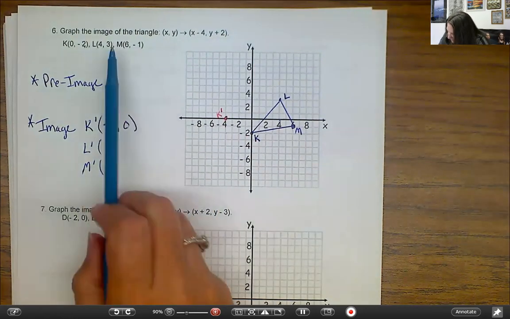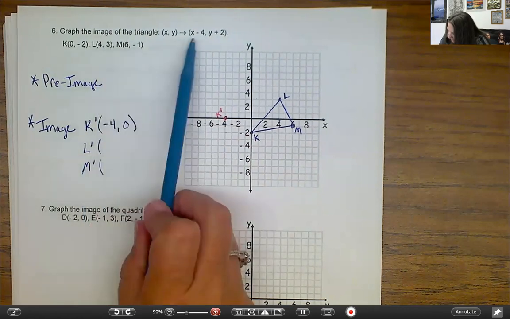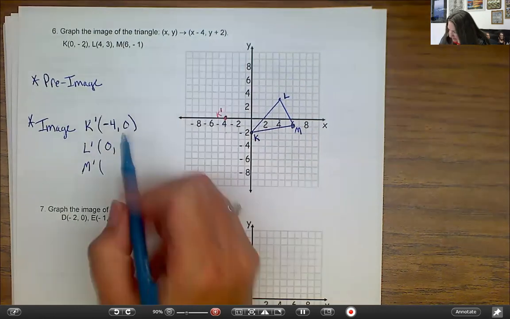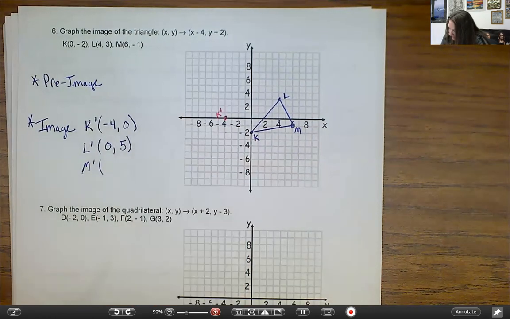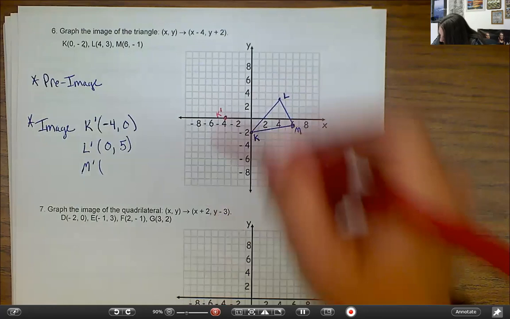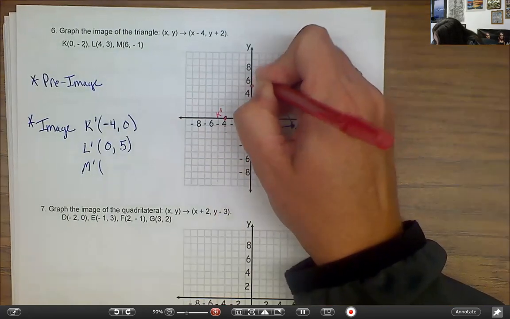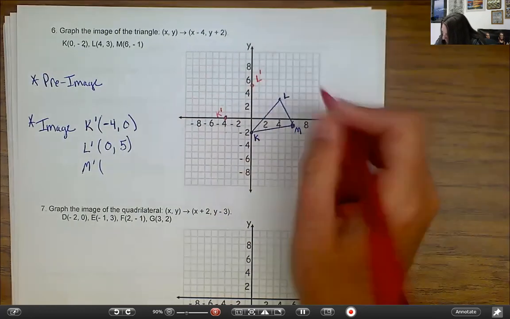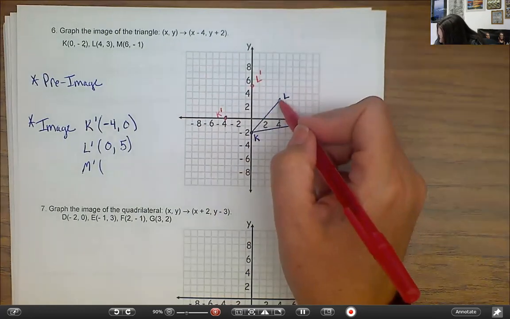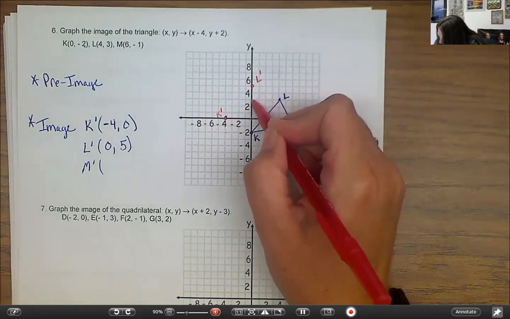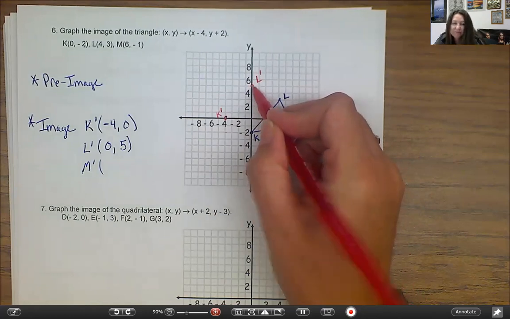Same thing with L to get L prime. So 4 minus 4 is going to be 0, and 3 plus 2 is going to be 5. So I should be getting L prime at (0, 5), which would place it right here. There would be L prime, and again, look to see, did we move 4 units to the left? 1, 2, 3, 4, and then 2 up, 1, 2.